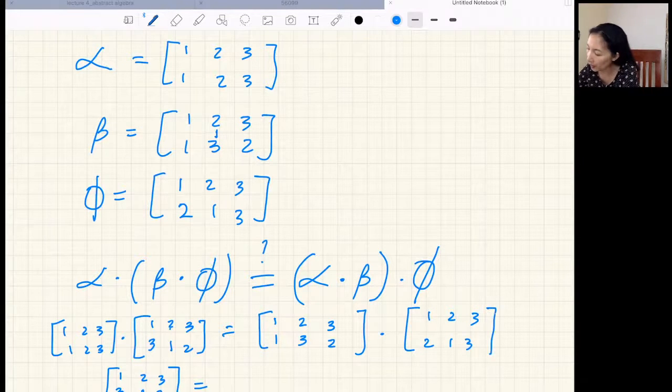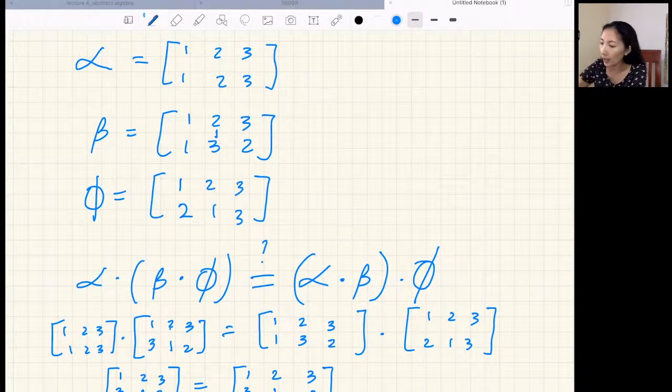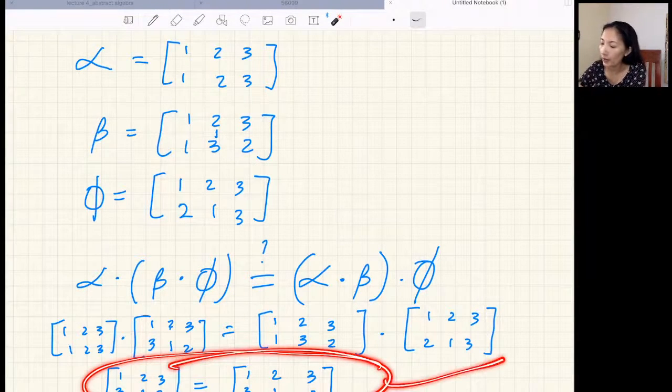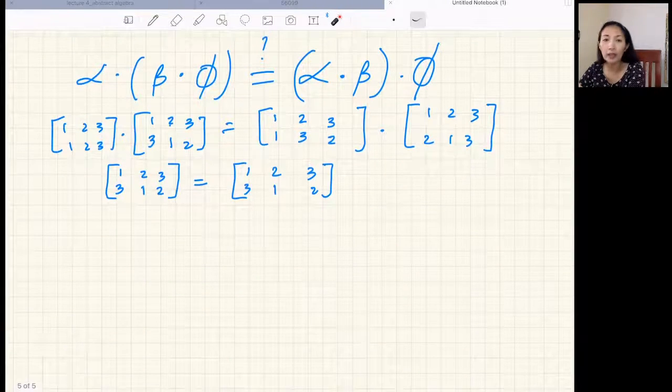What will this be? Start from here. 1 maps to 2. 2 maps to 3. Next, 2 maps to 1. 1 maps to 1. And then finally, 3 maps to 3. 3 maps to 2. Are they equal? Obviously, they are equal. So, see? They are equal.